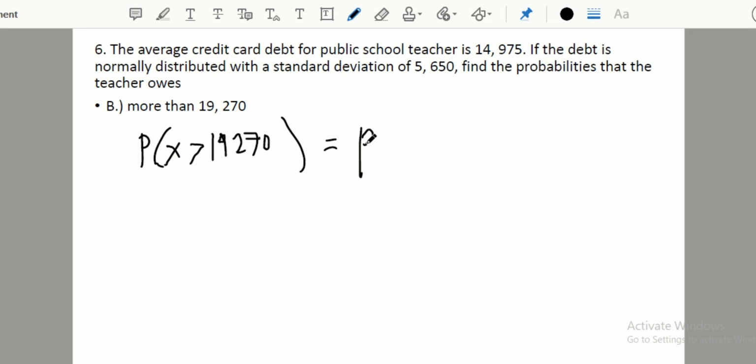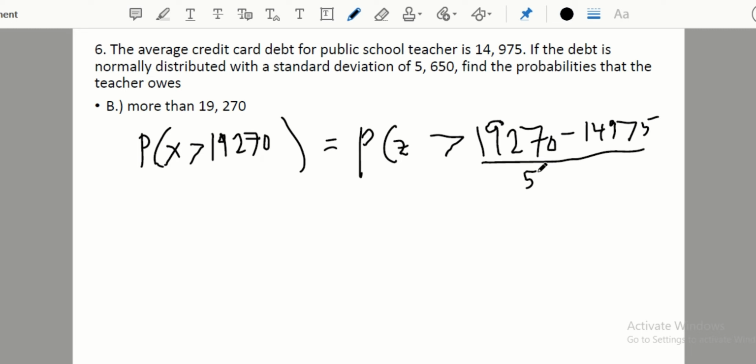So this is now z greater than 19,270. Convert, so minus 14,975 divided by 5,650.